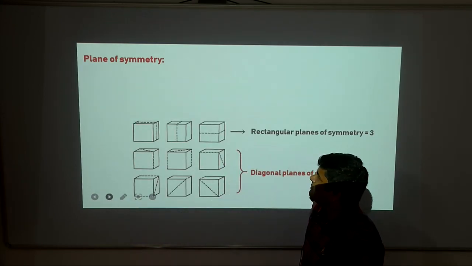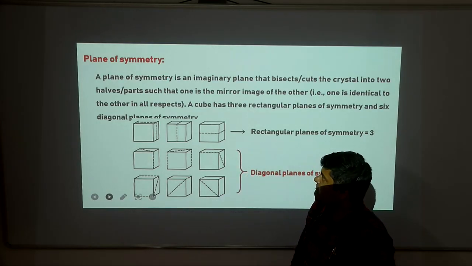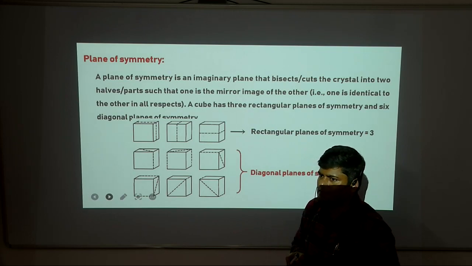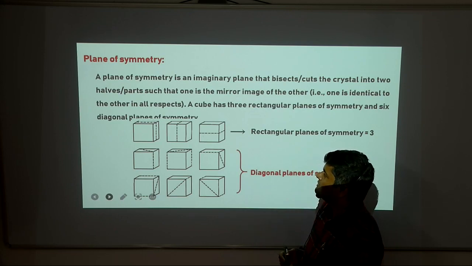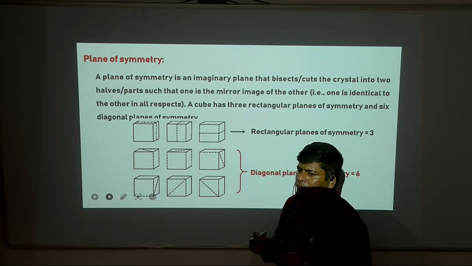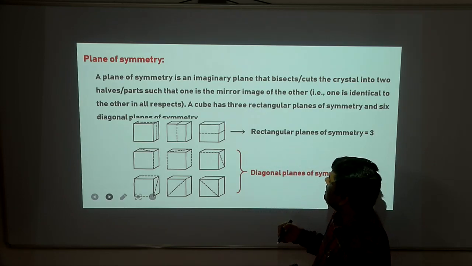After this, the plane of symmetry. Of course, plane of symmetry is related with the plane. It is the imaginary plane that bisects or cuts the crystal into two equal halves, such that one is the mirror image of the other.